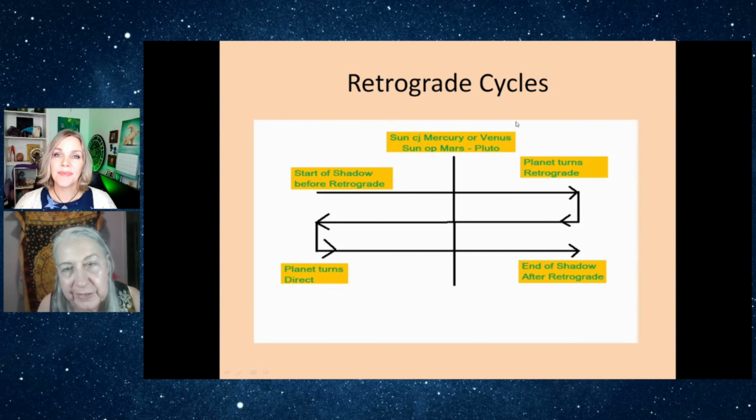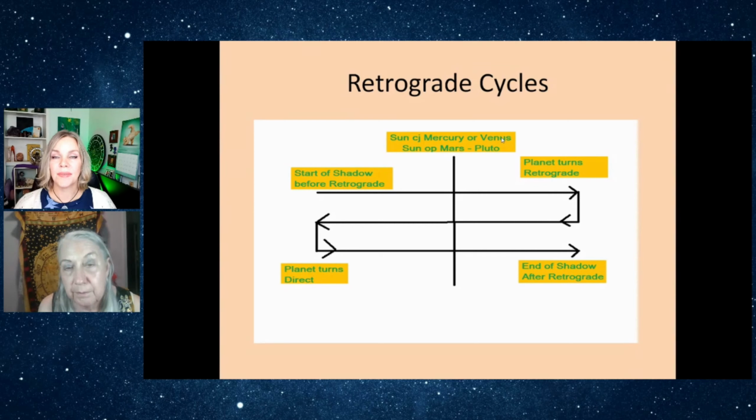Now, this is related to its position connected with the sun. For Mercury and Venus, the middle of the retrograde cycle is when the sun is conjunct Mercury or Venus, when Mercury or Venus is on the same side of the sun as the Earth.